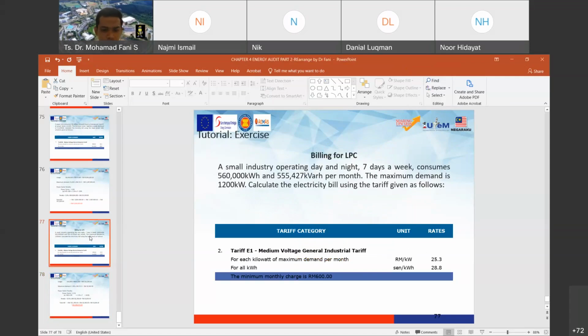Kat chapter 3. Awak guna formula mana? Saya pakai formula kilowatt hour, ni kan, bahagi dengan kilowatt hour square plus kVAR square set. Okey, so boleh dapat 0.71, sama dengan dekat chapter 1. You can use the triangle punya ni lah.